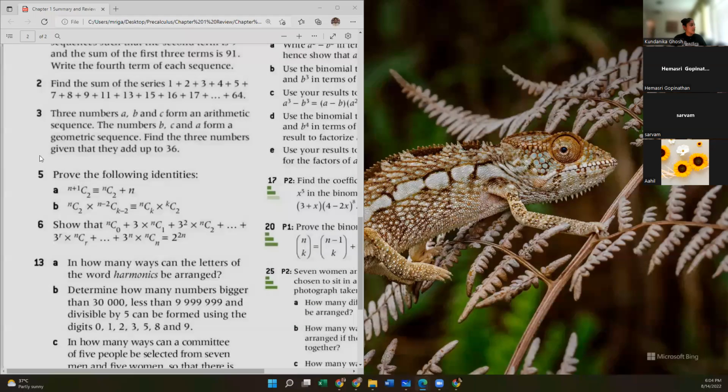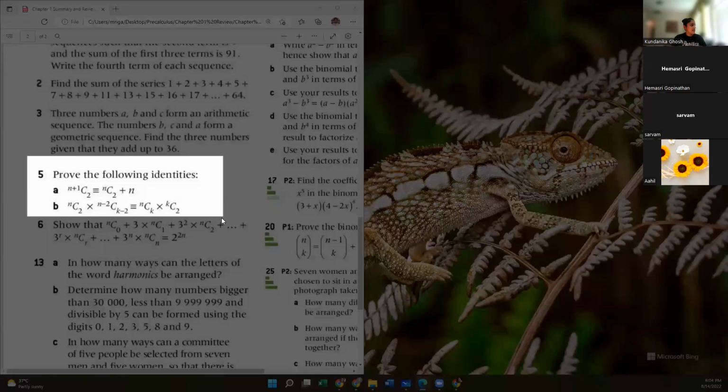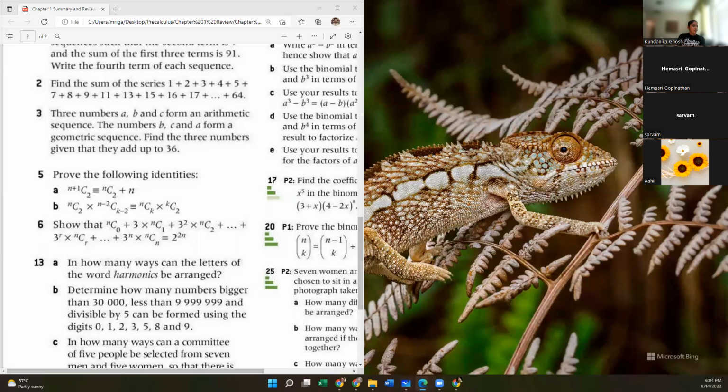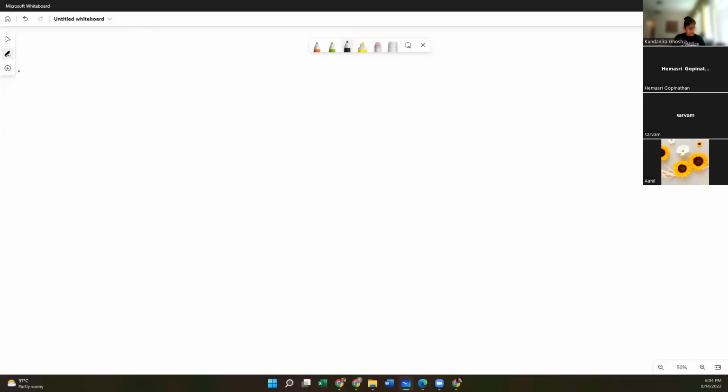All right, the next question is prove the following identities. I know a lot of people had some trouble with this one, so we'll really work through this.